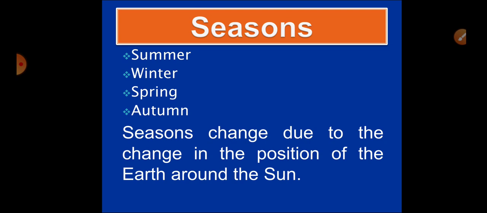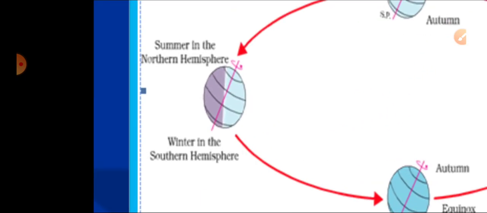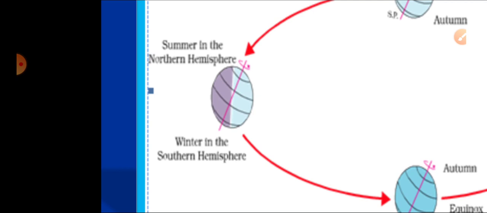Why? Because our earth has a tilted position, on which it is inclined towards the poles. When you see this picture, you can see that because of its tilted position on its axis, these seasons are made.